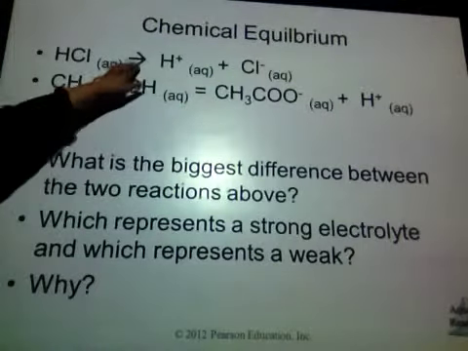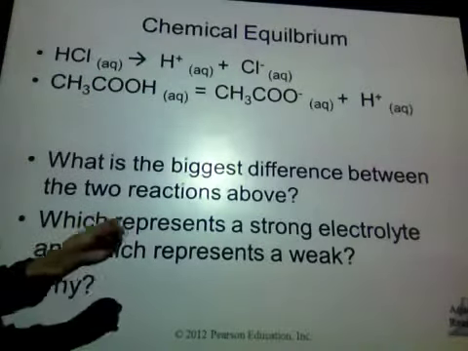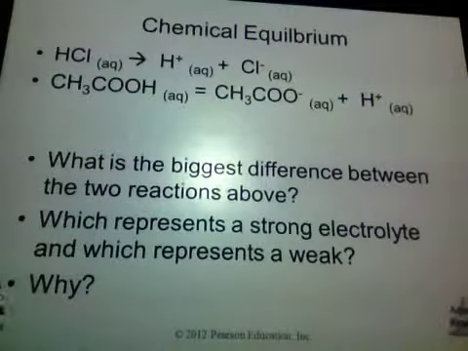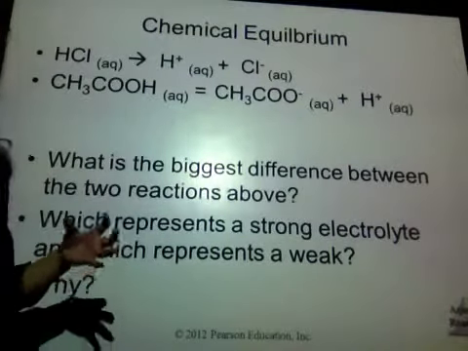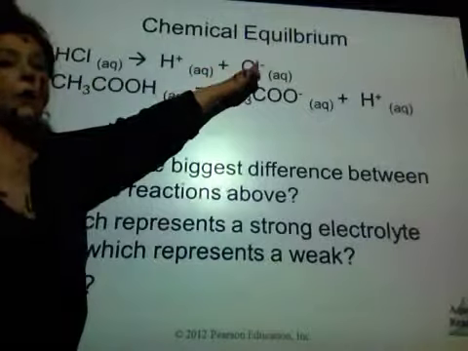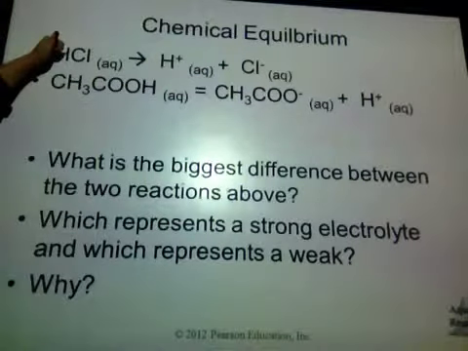So when I see a single arrow pointing in one direction, that's telling me that I have a complete dissociation. HCl is completely breaking down into H and Cl. I will have no HCl left.